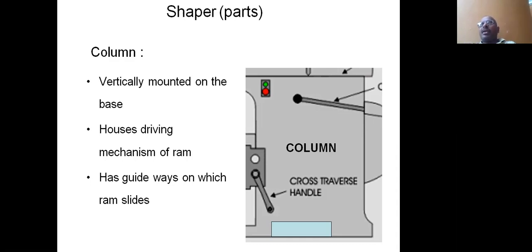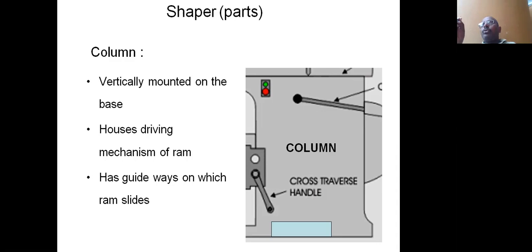Whereas in this one, the element to slide on the top of the column is only one single element. What is that element? The single element, the ram. That's why the top portion of the column is provided with inbuilt guideways.